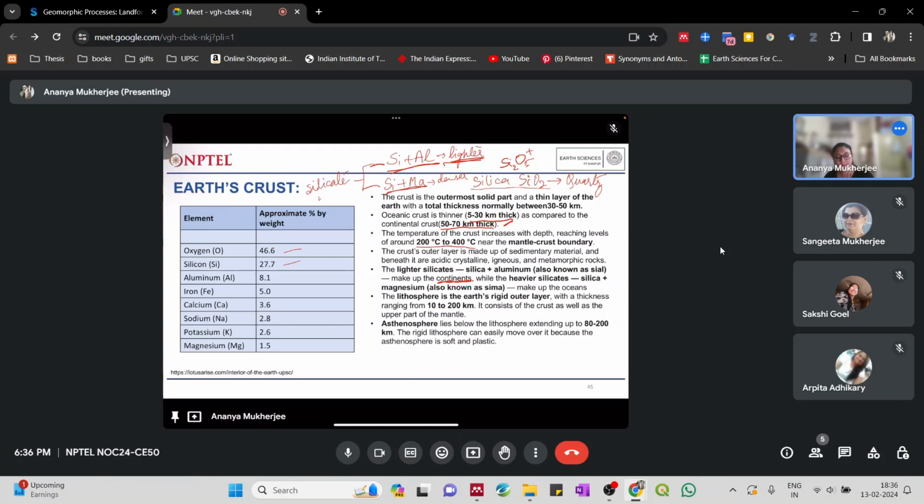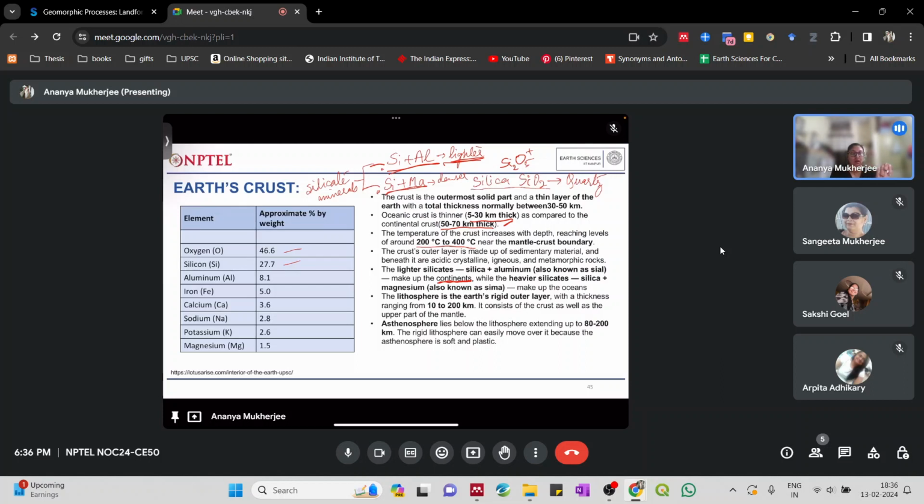So these are the lighter silicate minerals, and these are the heavier silicate minerals. These are mostly found in oceans. So Cl is found in continents, and CMA minerals are found in the oceanic crust.